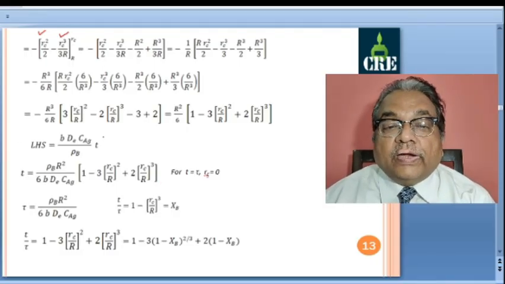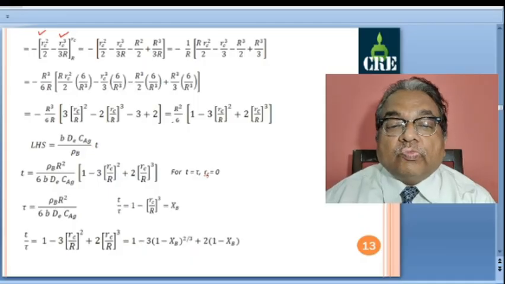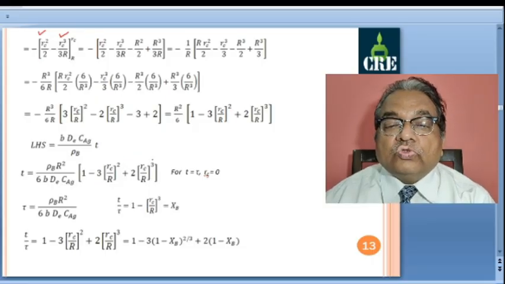So when I write expression for t, rho b is transferred to the other side, so we get rho b r square here. 6 is there, divided by 6. All these terms b d e cag going to the denominator. So we get rho b r square by 6 b d e cag, and into bracket, this bracket same, 1 minus 3 into rc by r whole square plus 2 into rc by r whole cube.